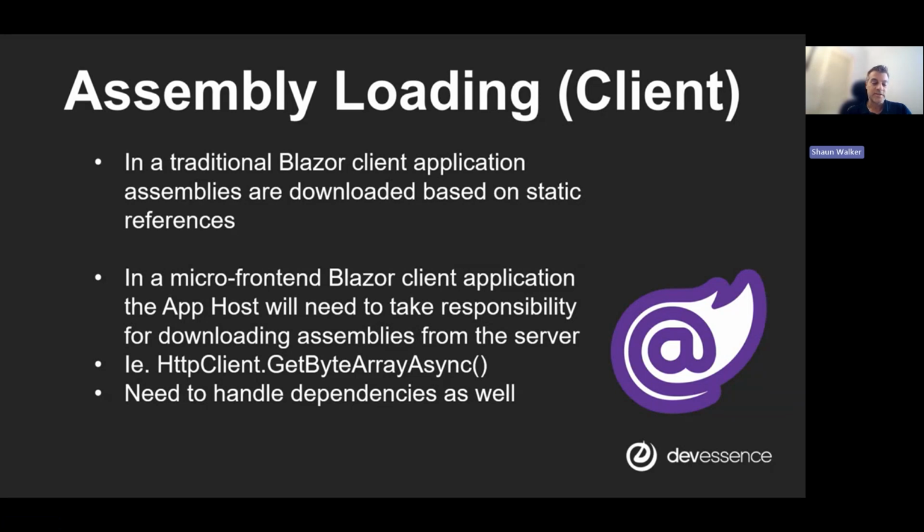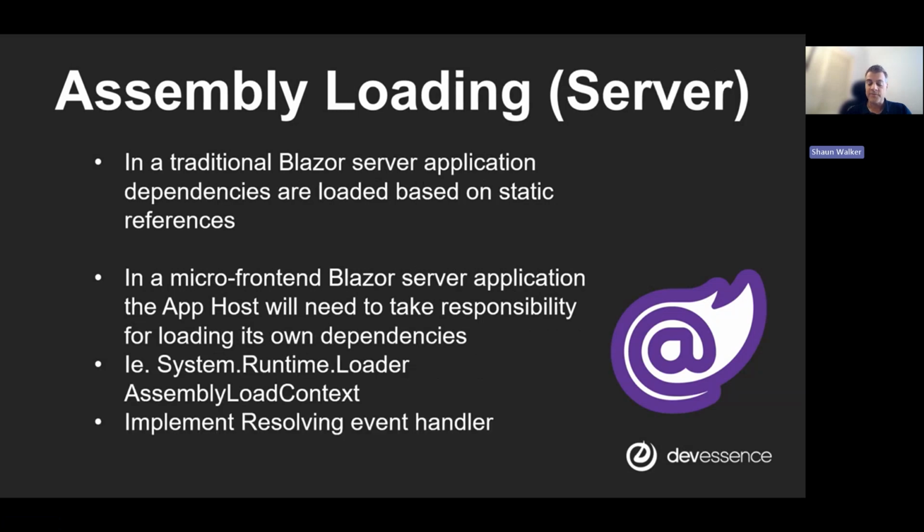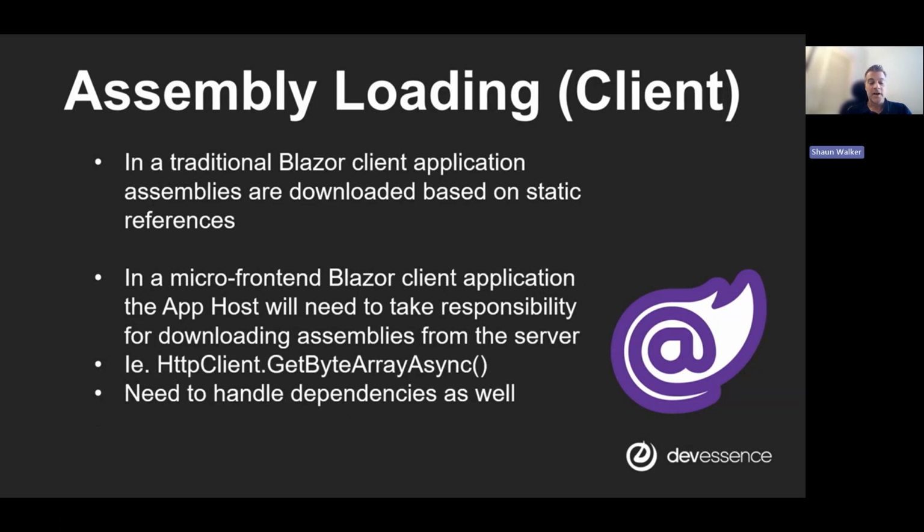And you can use the standard HttpClient to do that. There's a GetByteArrayAsync, which allows you to download binary files, essentially assemblies, from the server. The thing that you have to keep in mind, though, is just like we were talking about the event in the previous one for resolving dependencies of assemblies, on the client side, you need to come up with some scheme to be able to identify the dependencies that might exist for assemblies. Because if you're downloading just one assembly, you might not be getting all of its dependencies.